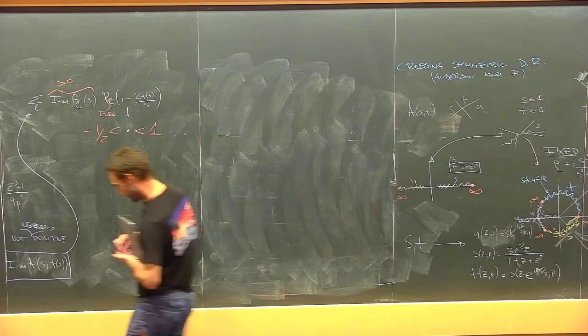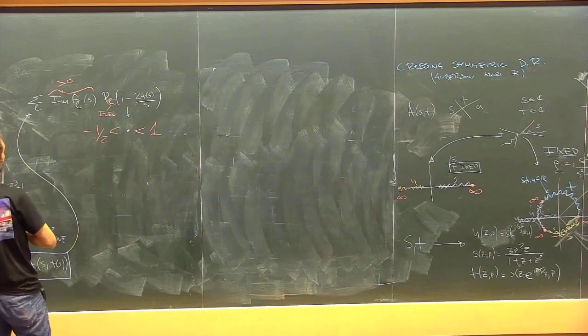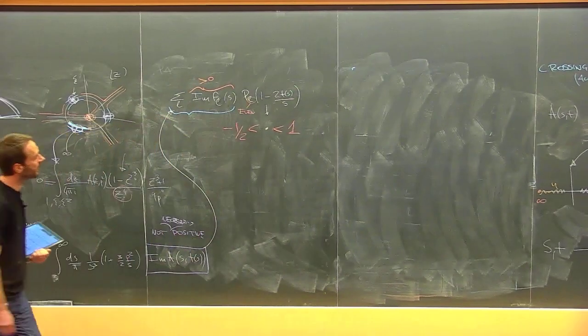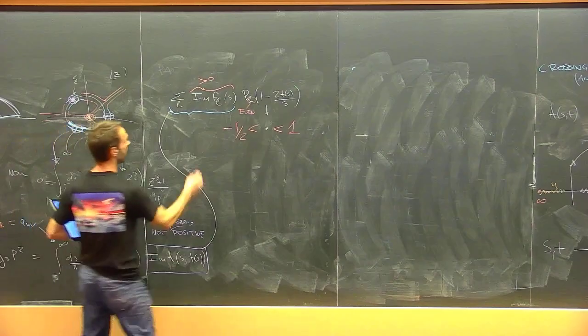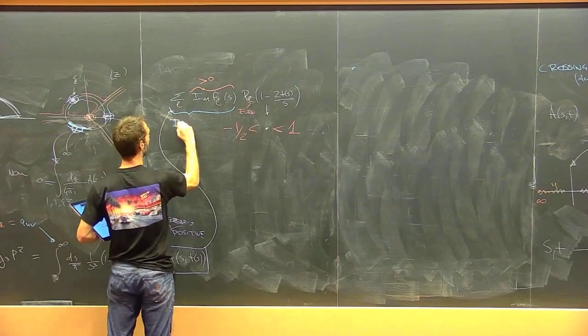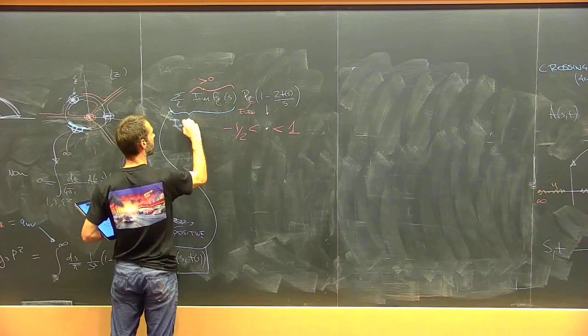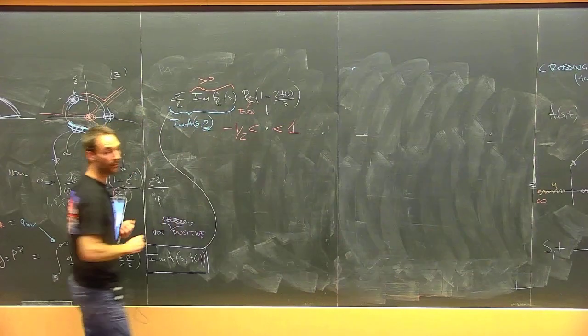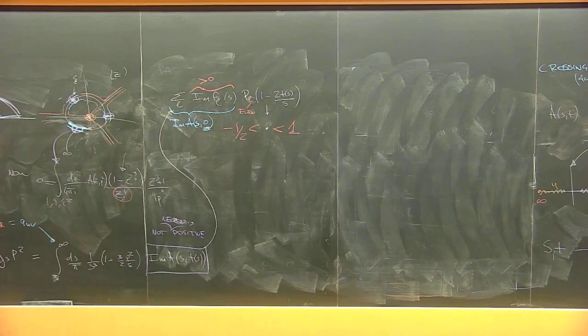Good. This thing, the sum of these partial waves, is equal to the imaginary part of the amplitude in the forward limit, because that's where all the Legendre polynomials go to 1, okay?